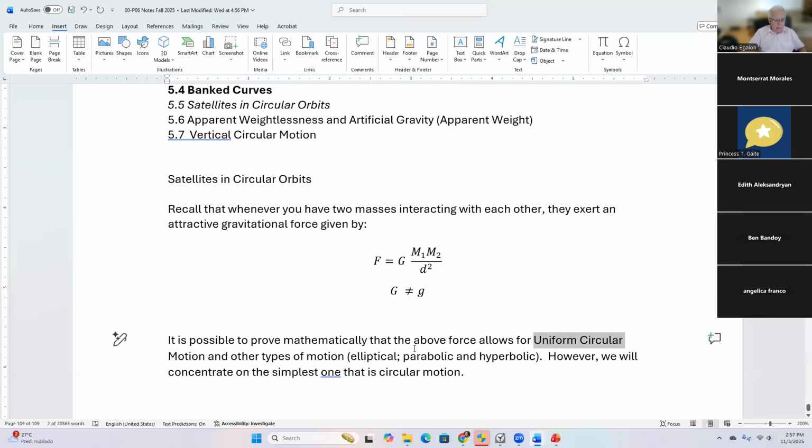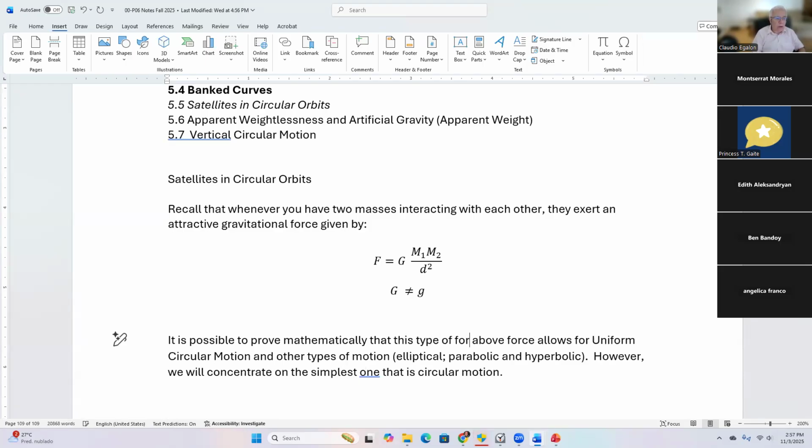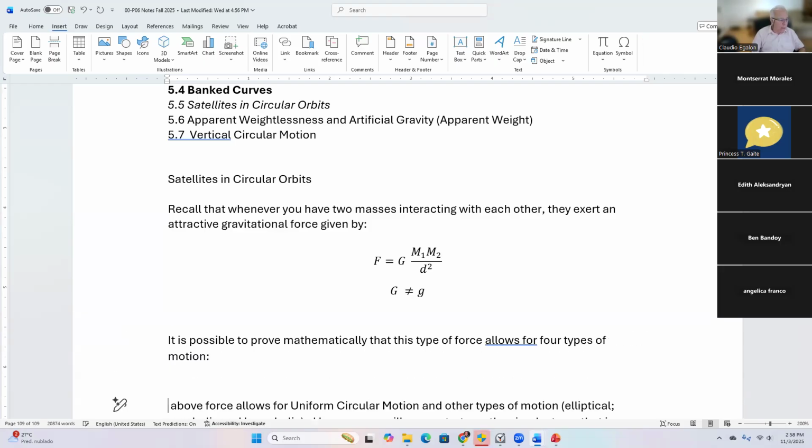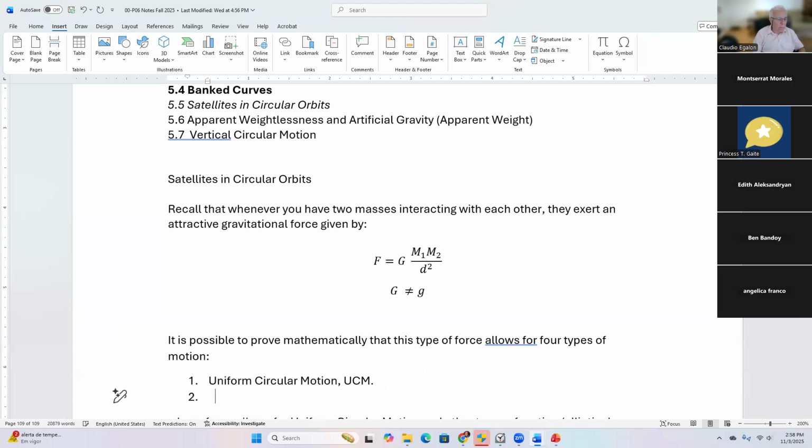Possible to prove that this type of force, we cannot prove that here because it requires more advanced math, allows for 4 types of motion. Okay? 1, uniform circular motion, okay, UCM.